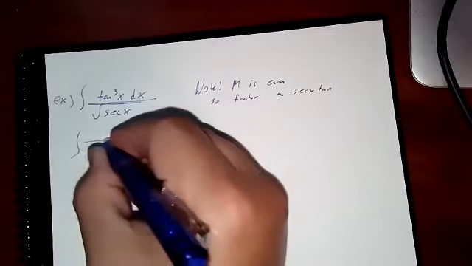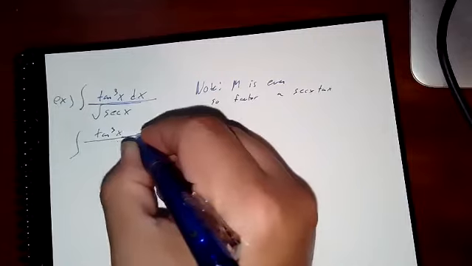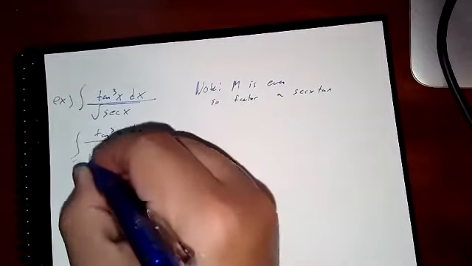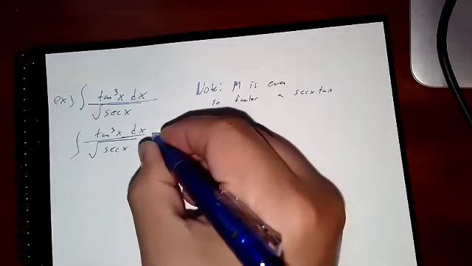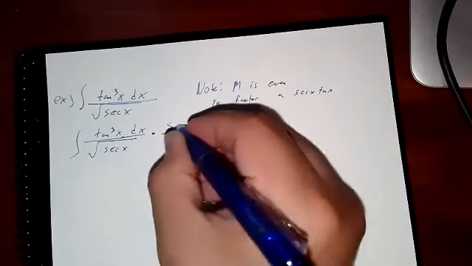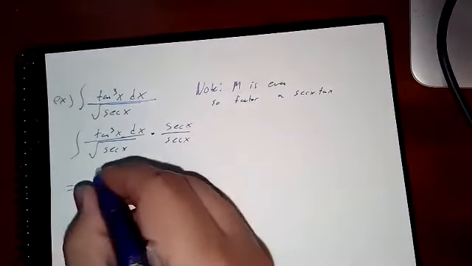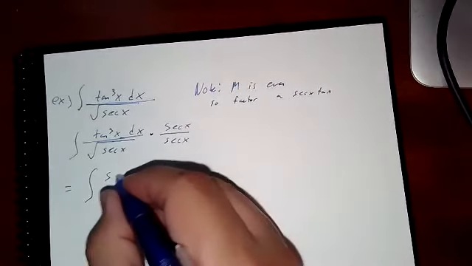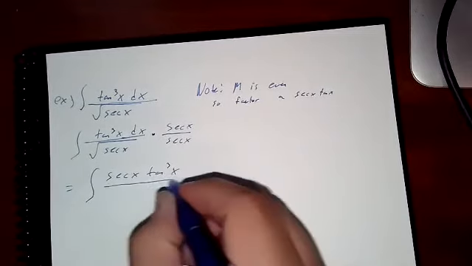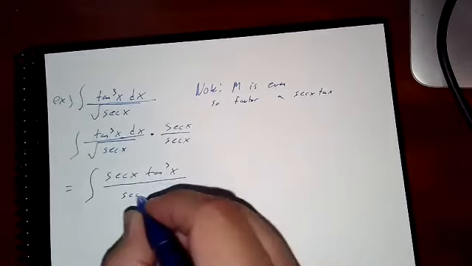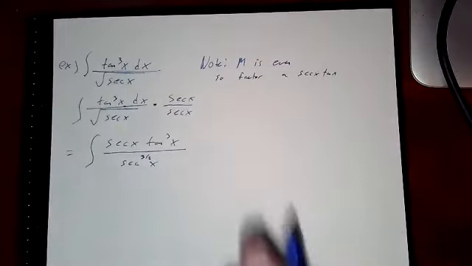So what we're going to do is introduce a secant, top and bottom. You can still do this stuff if you want. So now I have secant x tangent cubed x over secant to the 3/2 x dx.